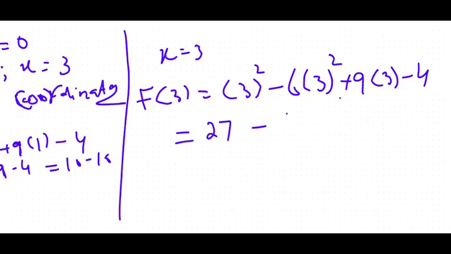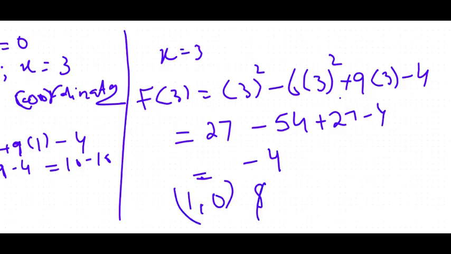So the answer is minus 4. The conclusion is that the turning points are (1, 0) and (3, minus 4). So let's move to the next question.